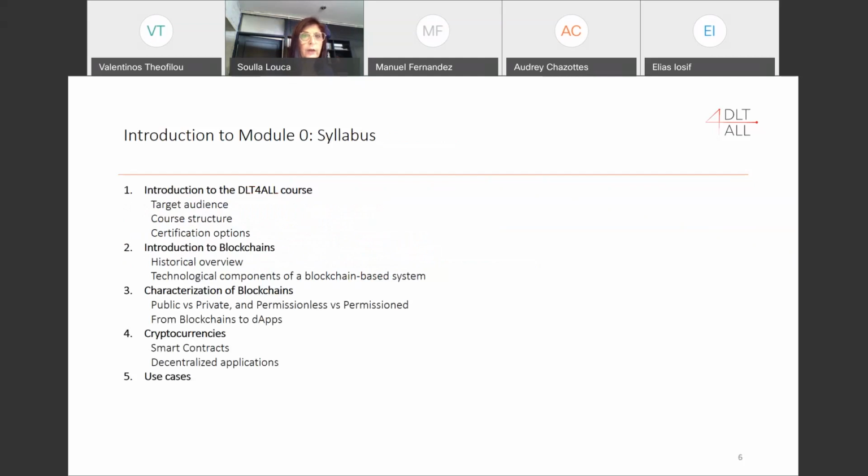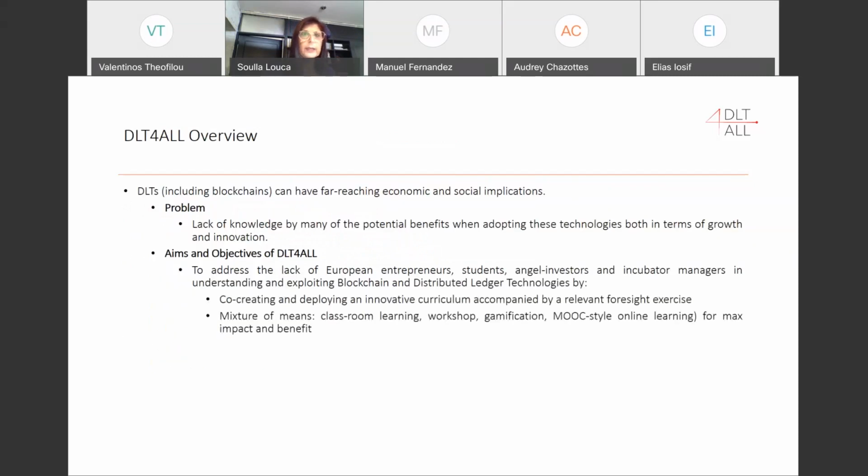So without any further delays, I will go actually to the overview. How this project started actually, the DLT4ALL project, it was back a few years ago when the consortium identified the lack of knowledge by many of the potential benefits that organizations have when actually adopting these technologies.